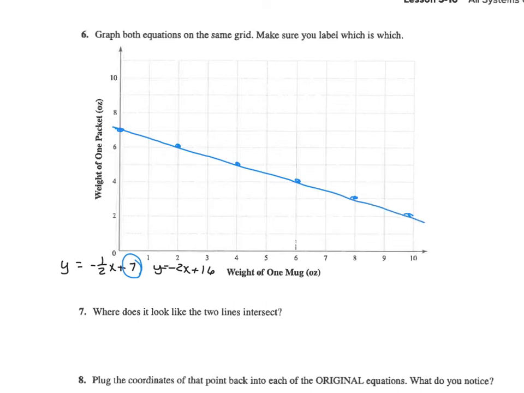All right, for the next one, we could tell that our y-intercept is (0, 16), but that's kind of off the graph. So we have (2, 12), but that's off the graph. And then we have (4, 8), and then (6, 4), and then (8, 0). That's close enough for government work there.